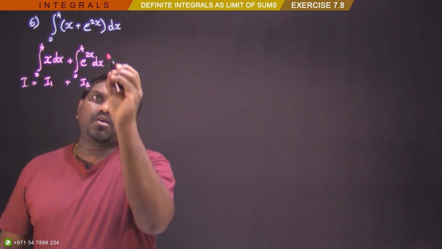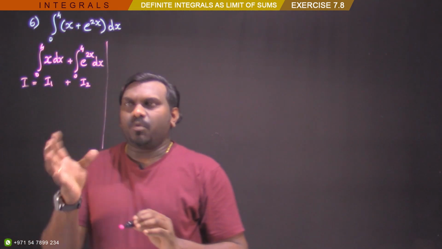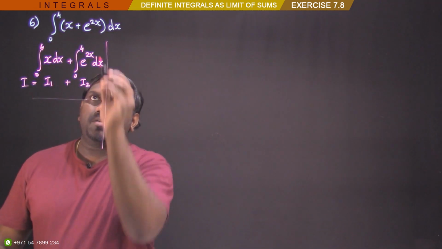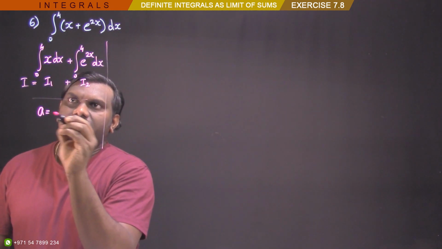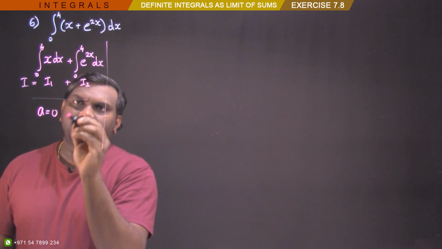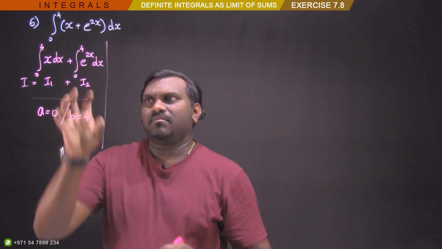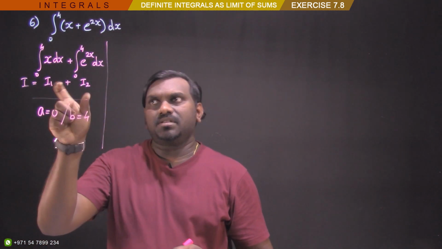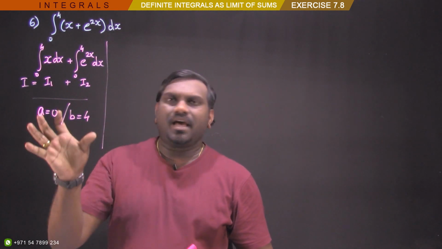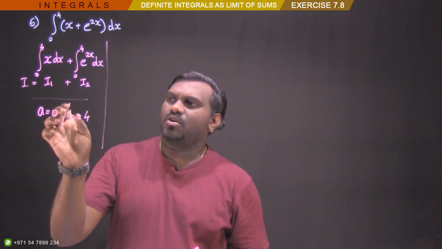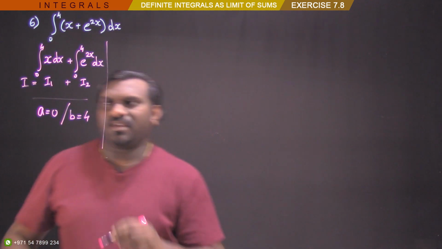But before that, the common things I will be writing here: A is 0 here and B is 4. I'm writing this here because both of these terms, dear, are going to have the same values, A equal to 0 and B equal to 4.